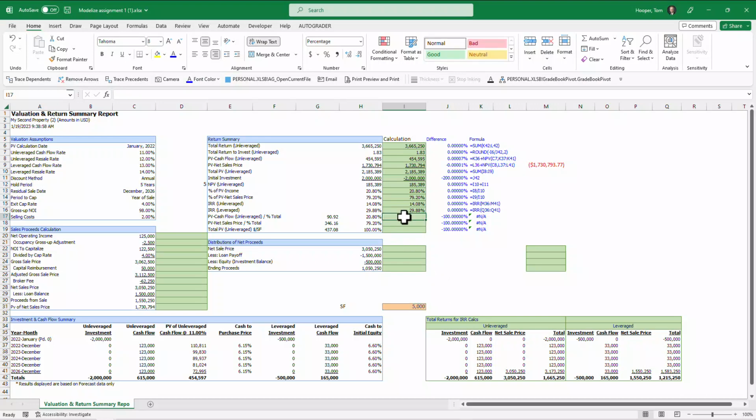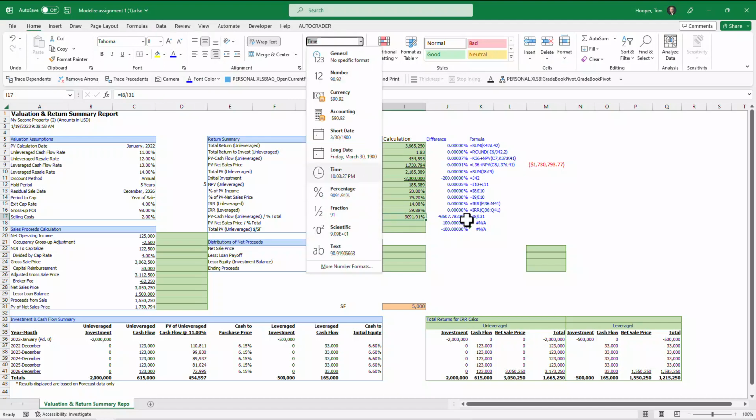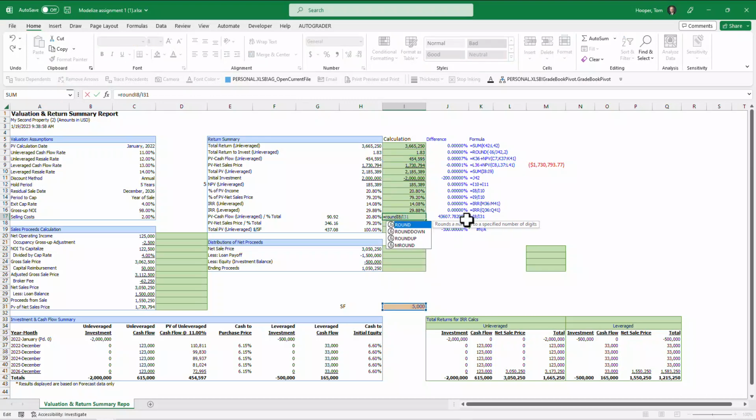Then I'll come up here and take the PV of cash flows unleveraged and divide it by that square feet, but I don't want to show it as a percent, so in G. So I think that's the 90. I also want to round that, just in case we use it later, so I'll have exactly the same number that they did. So I'll round that formula to 2 decimal places.